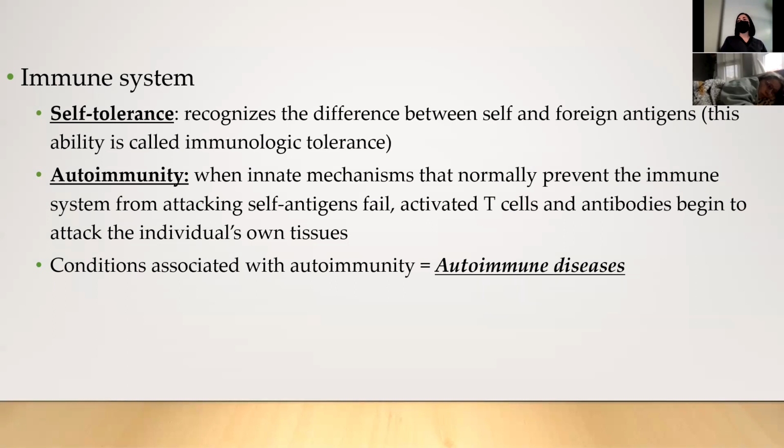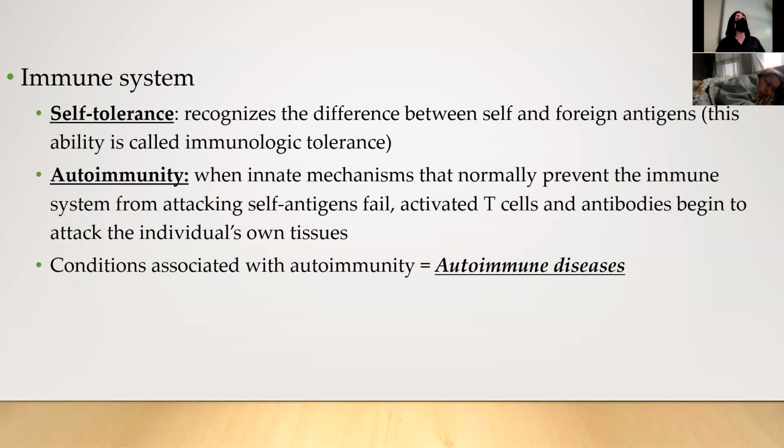And then autoimmunity is when your innate mechanisms fail. Your innate mechanisms are physical barriers, like your skin, the cilia, and mucous membrane, and cells like macrophages that target non-specific pathogens. So when your innate immune system, which normally prevents the immune system from attacking self-antigens, fails, it activates your acquired or adaptive immunity, which is the one that learns about pathogens.